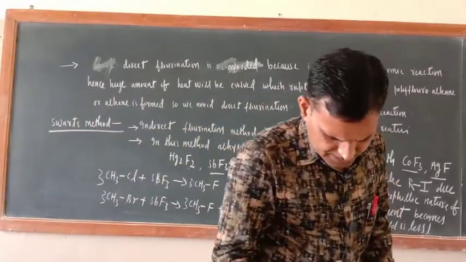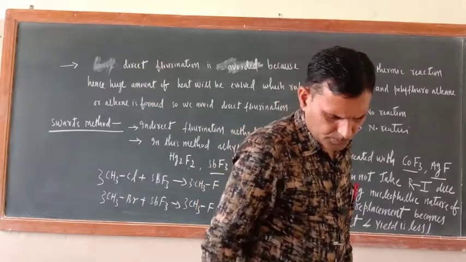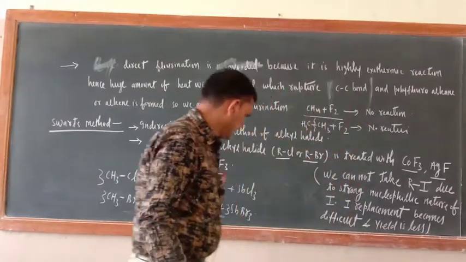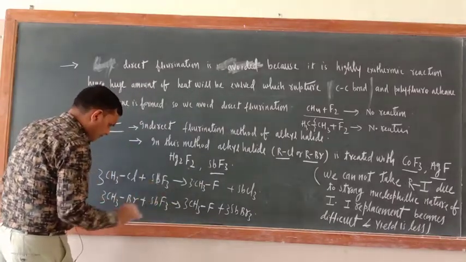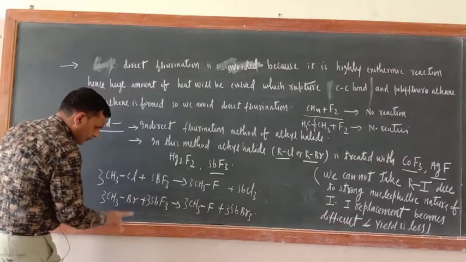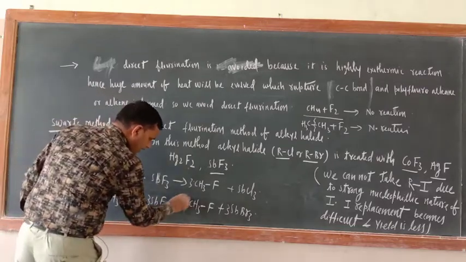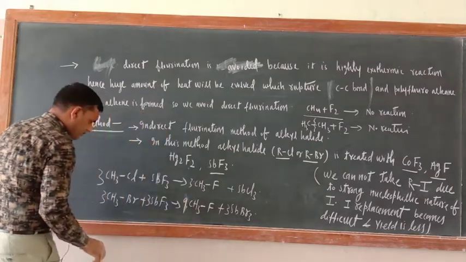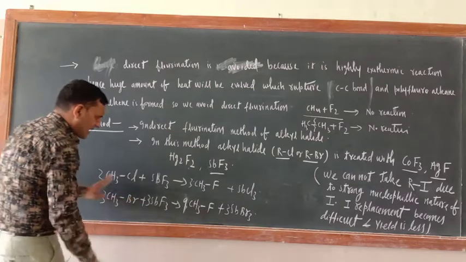Let me balance the reaction. 3 SbF3, SbCl3. Please balance the reaction. Only the balancing is the problem. If you are writing 3 here, then 3 threes are 9, so here you have to write 9F. If you are writing 9F, then again you have to write 9 here. Please balance the reaction.